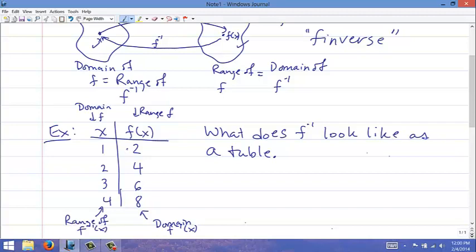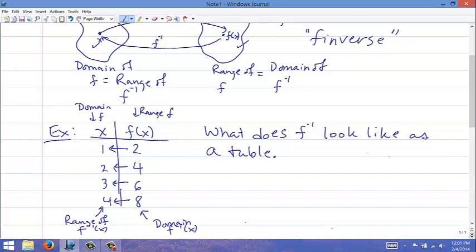So I want to think of it as going backwards like this. Another way to think about it is I'm flipping the ordered pairs. The ordered pairs for f of x were (1, 2), (2, 4), (3, 6), (4, 8).